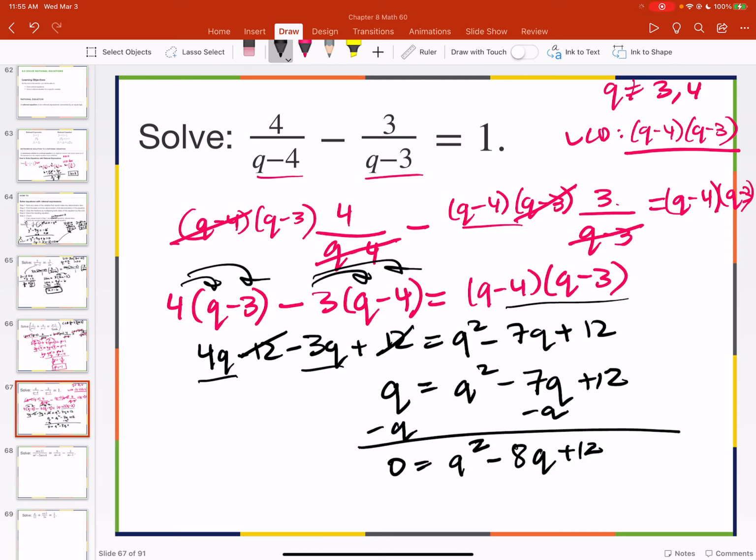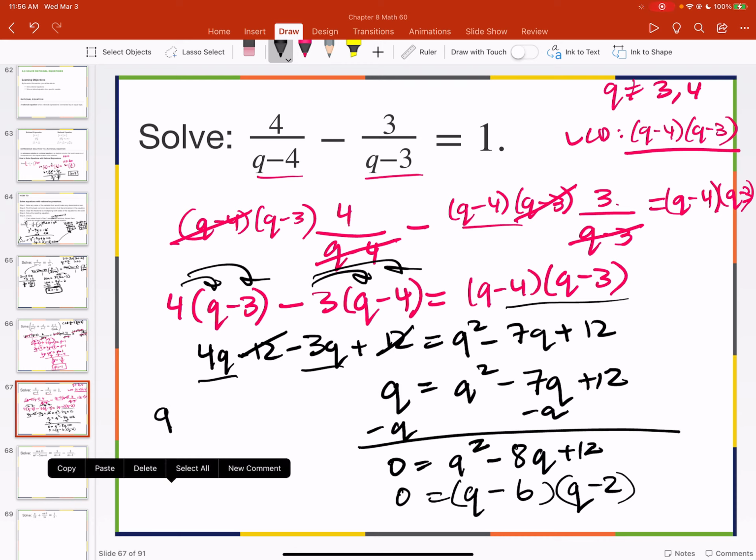What are the two factors of 12 that combine to negative 8? Negative 6 and negative 2. So that means that Q is equal to positive 2, positive 6. Okay.